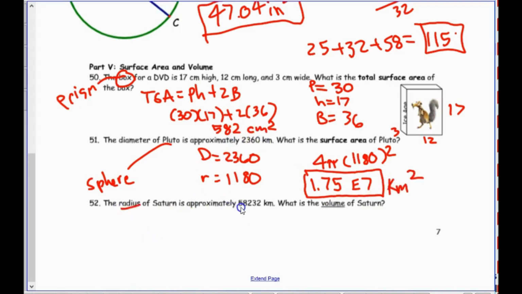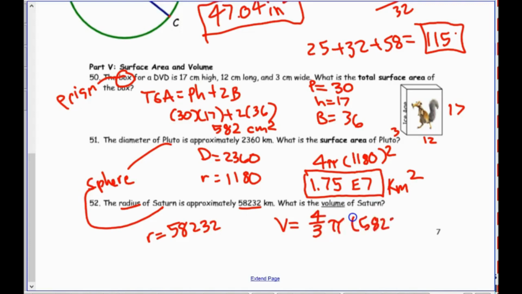Okay, this time we have a radius of Saturn. Again, what is that? A sphere. So 58232 is my radius. So the volume for a sphere, again, is 4/3 pi r cubed. It's really going to be a big number. Pi 58232 cubed.